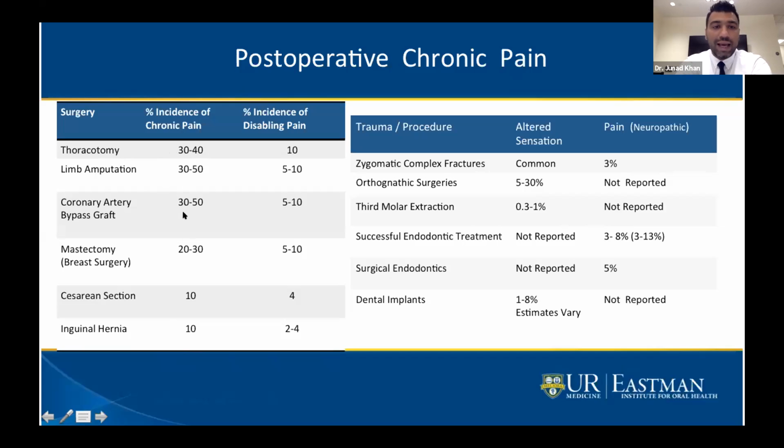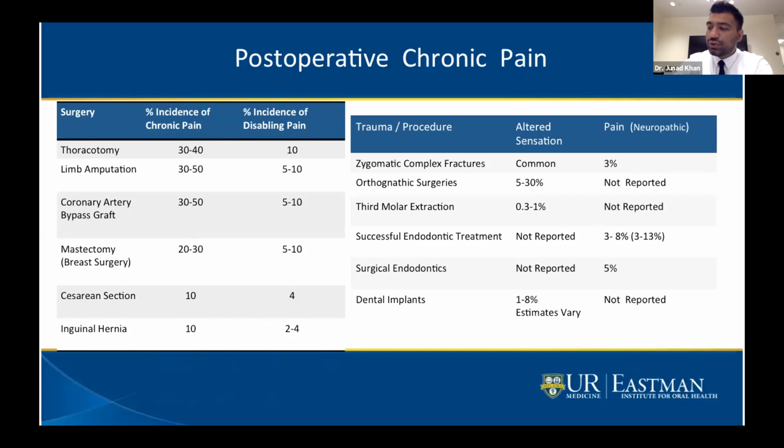But when you subcategorize that into the incidence of disabling pain, it goes down dramatically. So when we look at these numbers, globally or nationally or on a local level, you want to make sure that you differentiate between the incidence of the pain versus the incidence of disabling pain. These numbers are still high, but that's a very important distinction that you want to make.